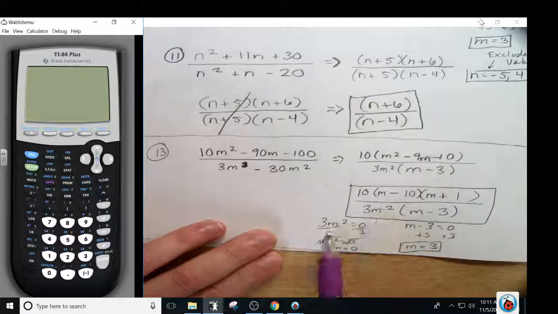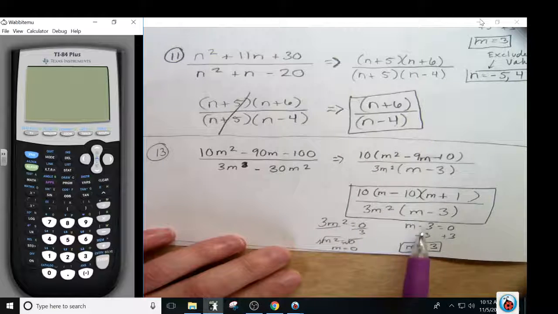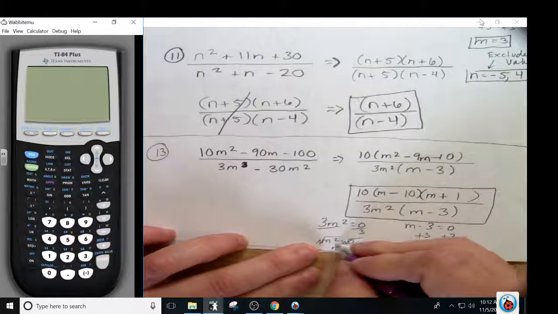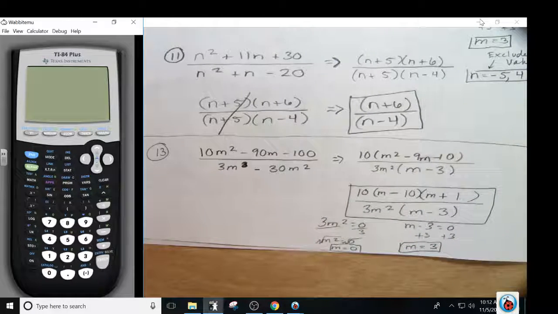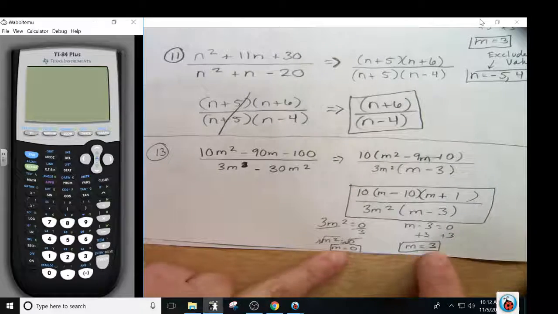Everything with a variable gets set equal to 0. 3m squared equals 0. M minus 3 equals 0. Then I saw that one of them is m equals 0 and one of them is m equals 3. That makes that undefined if those values are plugged in.